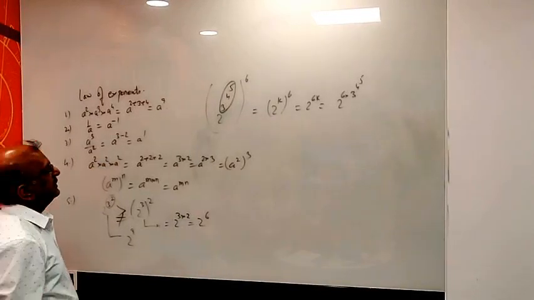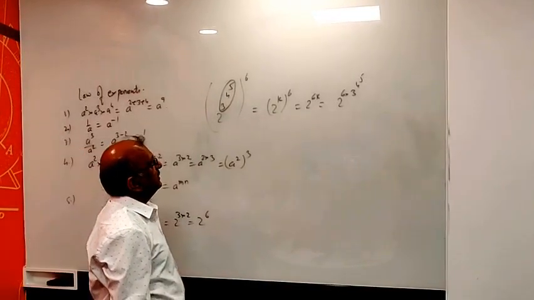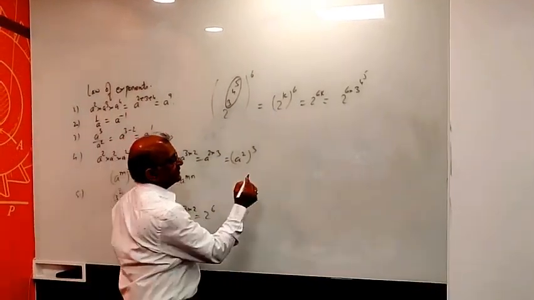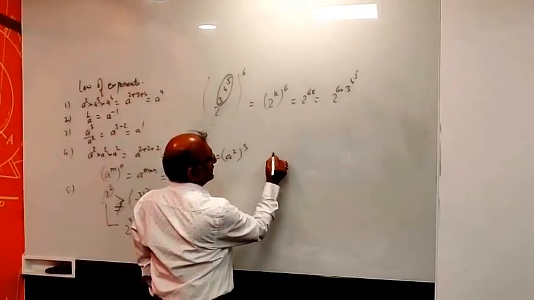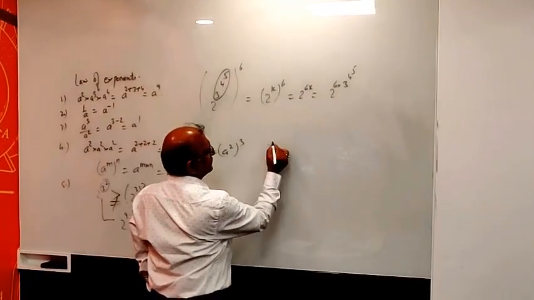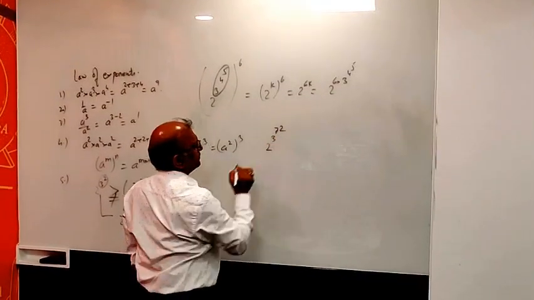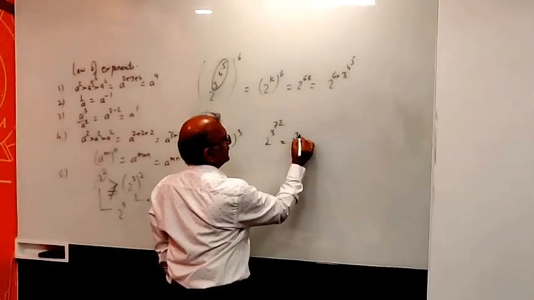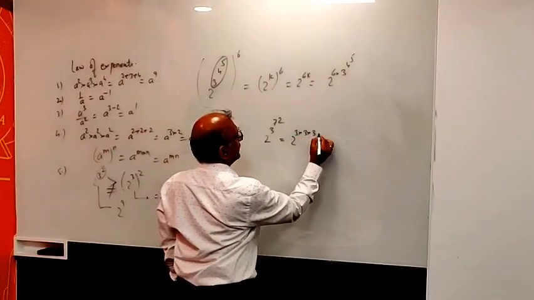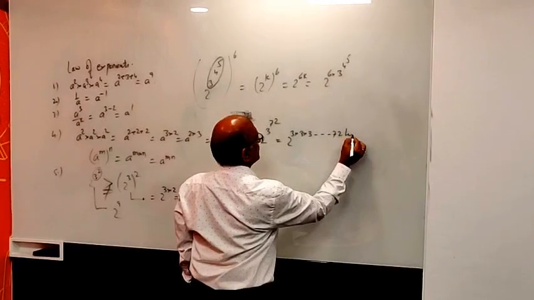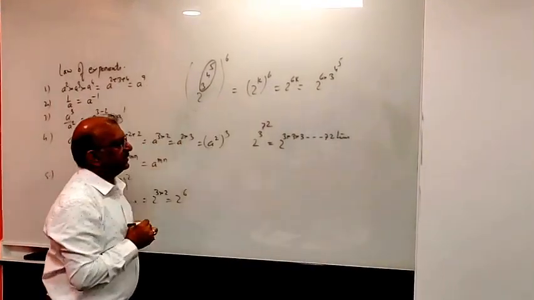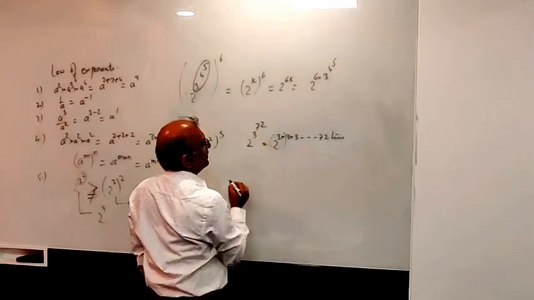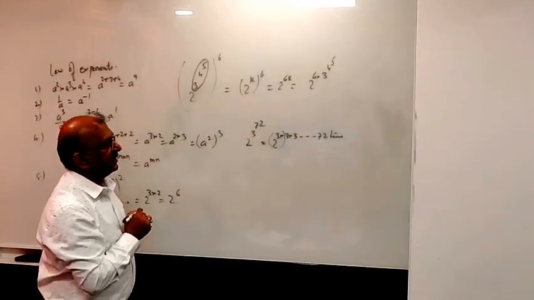And let's talk of one more rule: if we have 2 raised to the power 3 raised to power 72, this can be written as 2 raised to power 3 into 3 into 3, 72 times. Now, if I put my bracket out here, it doesn't change the problem at all.